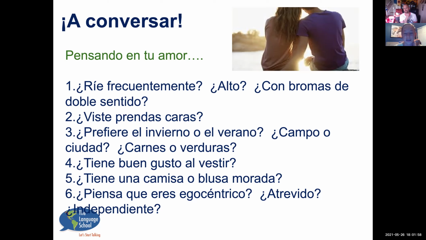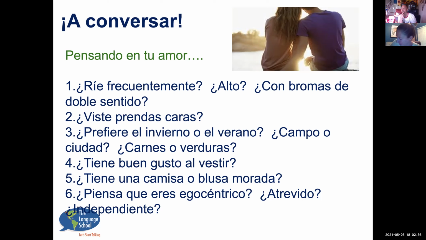You'd have to reverse the ending: espero que él piense, with an E on the end as opposed to an A. Espero que no piense que soy egocéntrica. Muy bien. It's a little easier for now if you just want to say espero que no.